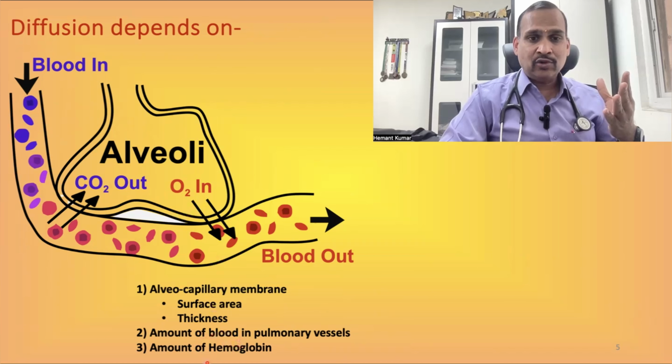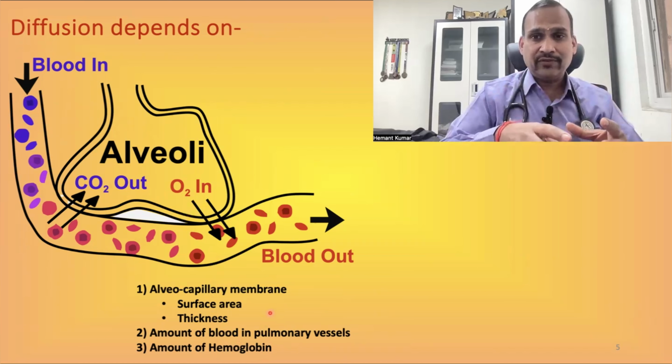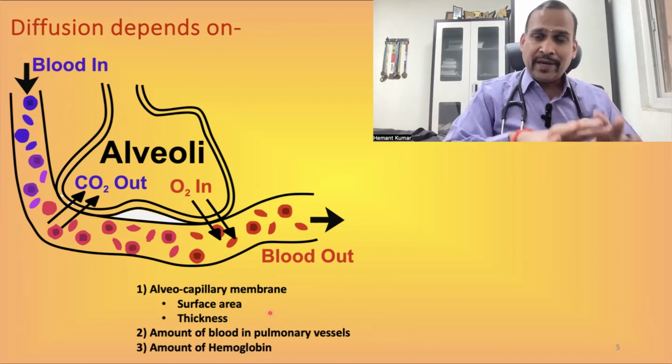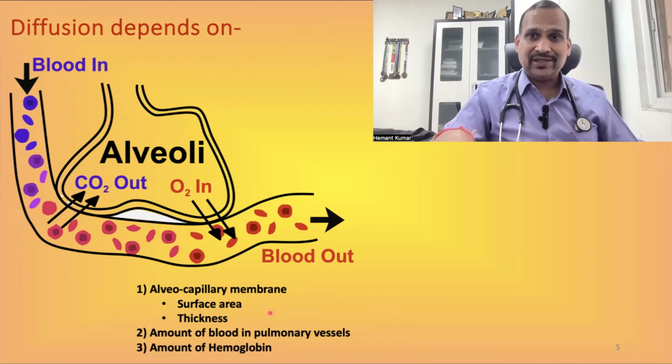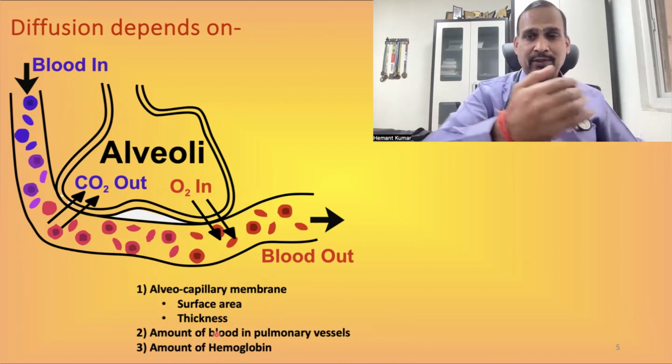Another thing is the amount of hemoglobin, because oxygen has to bind hemoglobin for circulation. Once it binds to hemoglobin, it will be transferred to other organs, other tissues. So the amount of oxygen diffusion depends on the amount of hemoglobin. The more hemoglobin, the more transfer of oxygen from alveoli to blood.